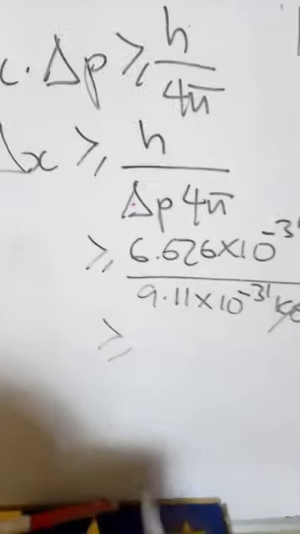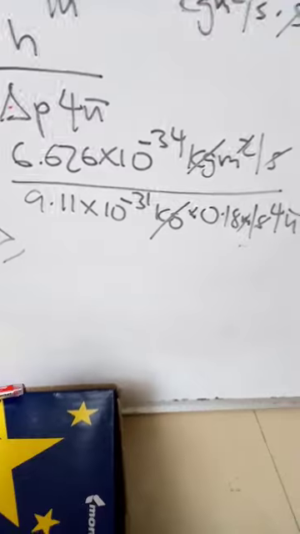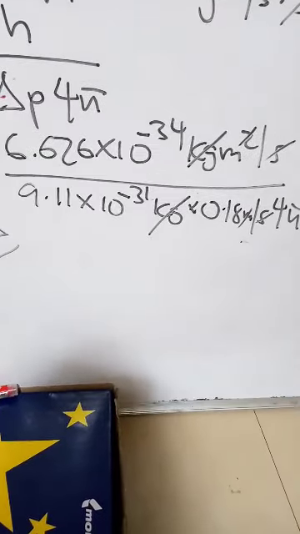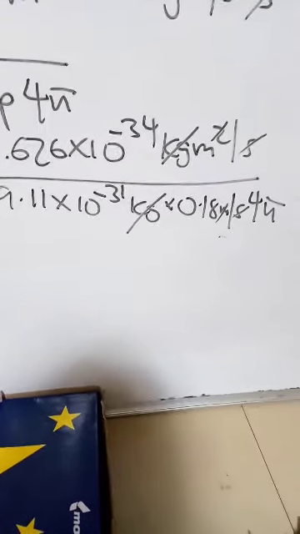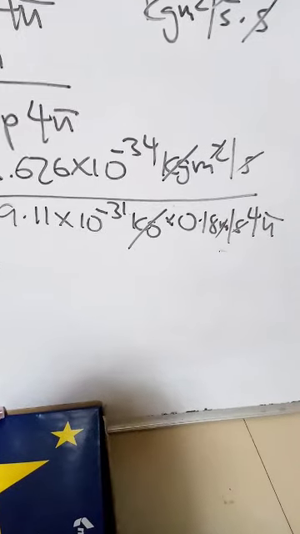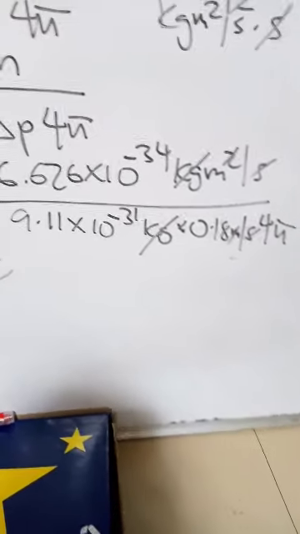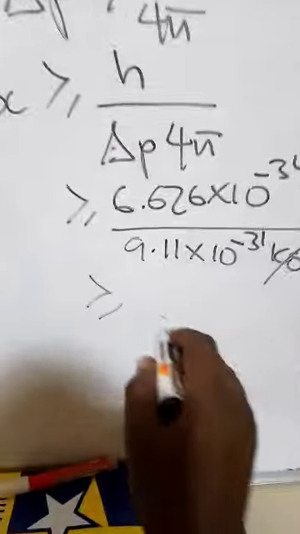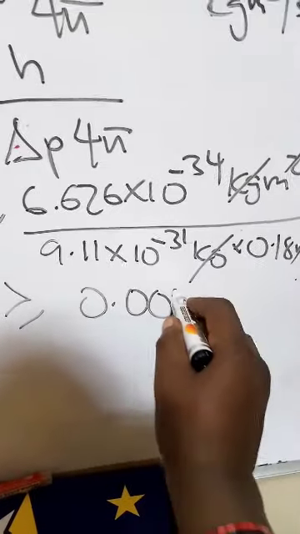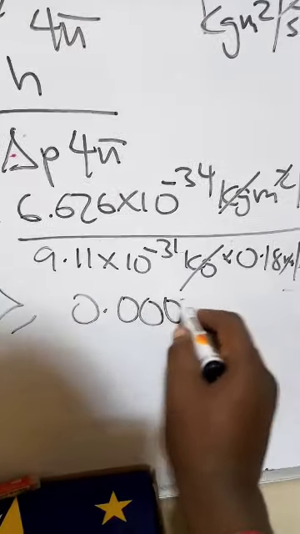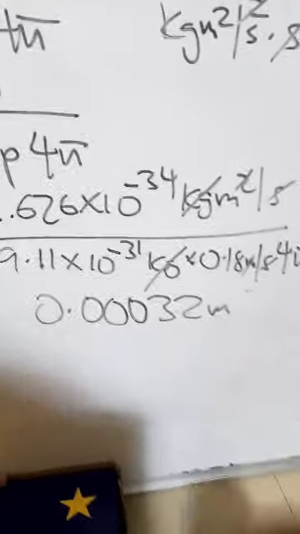So now we can compute Planck's constant, then divide by 9.11 times 10 to the power negative 31 times 0.18 times 4 pi. So this is giving us 0.000032 meters.